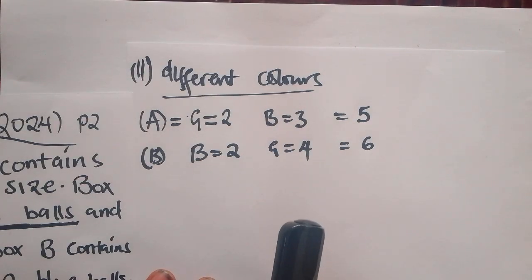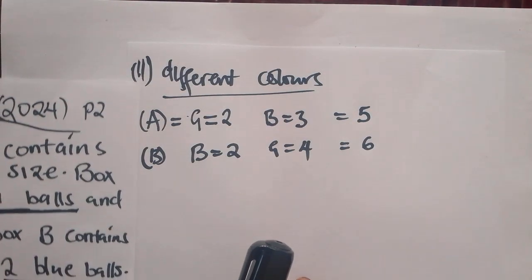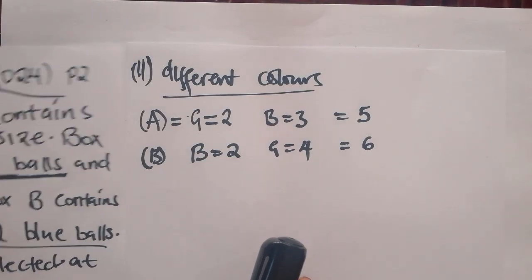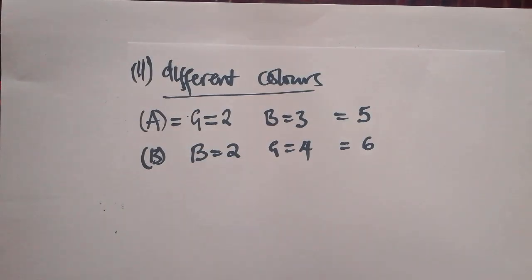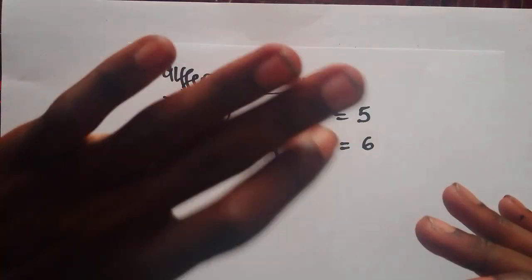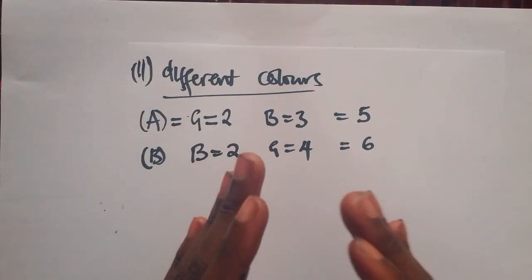Yeah, so for the total, you just add the balls. Since we are calculating for different colors here, as I said, first you need to calculate those outcomes independently before you add them.